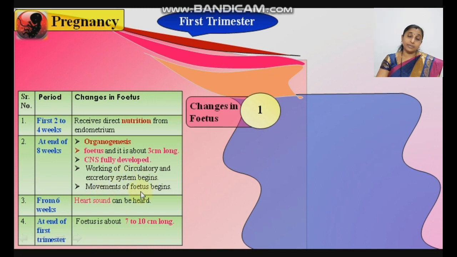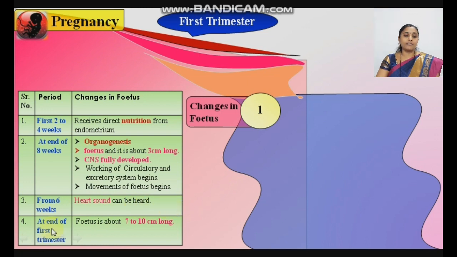Movement of the fetus begins, but the mother cannot feel it. This is all about the end of 8 weeks. From 6 weeks, in the 2nd month of pregnancy, the heart sound can be heard.